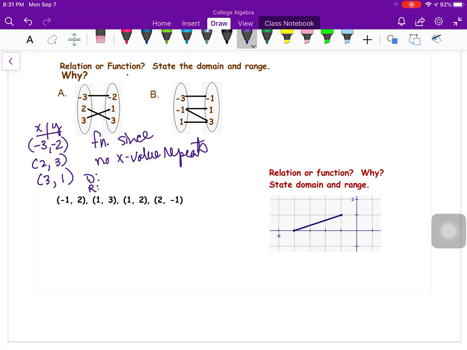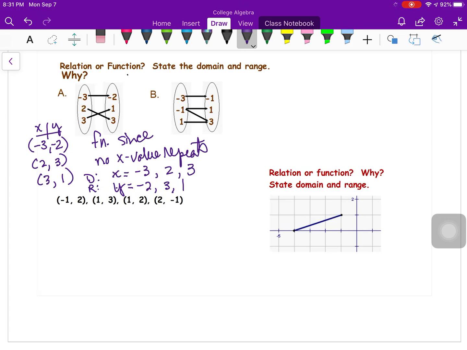Remember, domain are your X values, so you will list that. X equals -3, 2, and 3. Range are your Y values, so you will write Y equals and list those: -2, 3, and 1. Remember, if any values repeat, we just list them once.